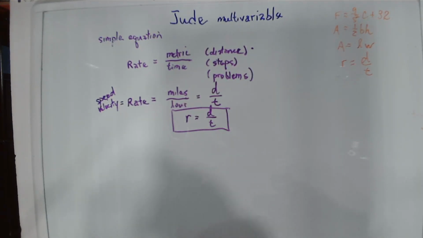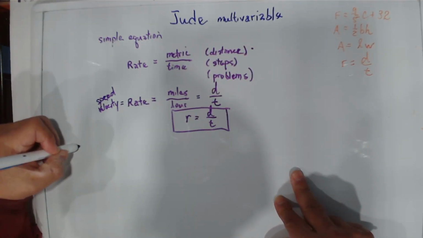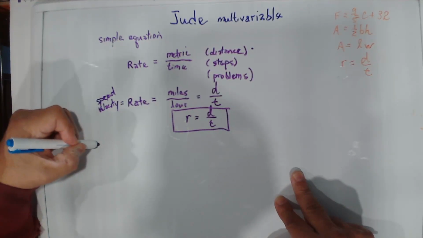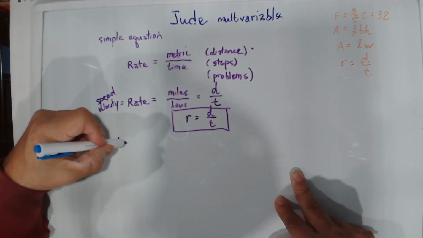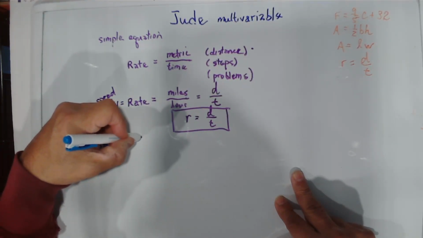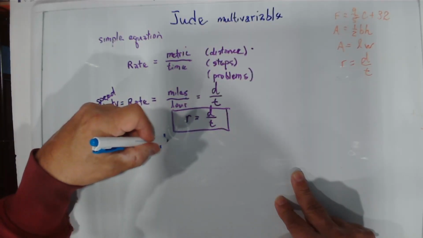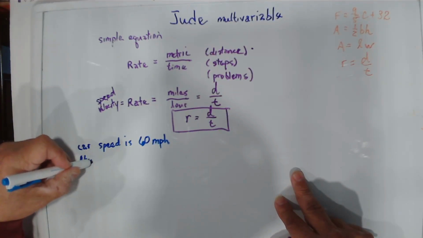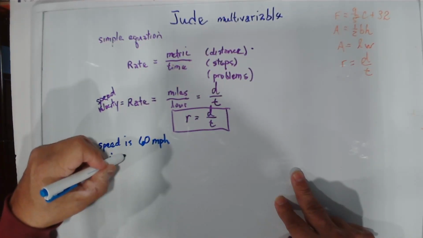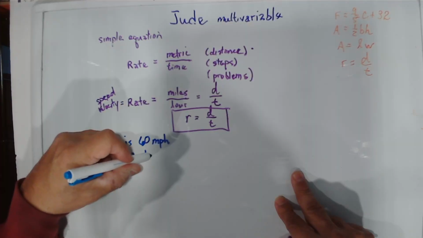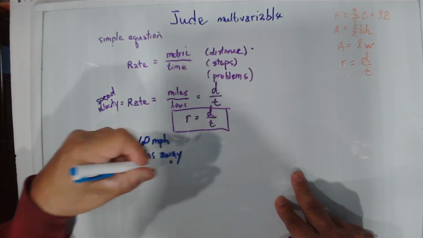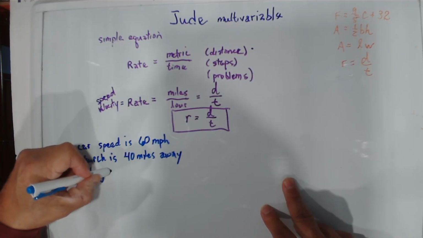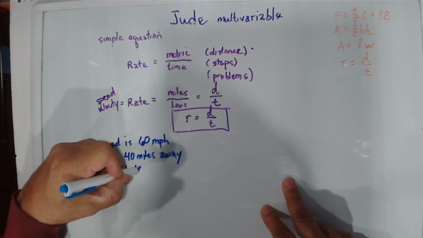So let's say they told you that the car speed, or velocity, we'll call it speed, is let's say 60 mph, and let's say the church is 40 miles away. How long will it take?